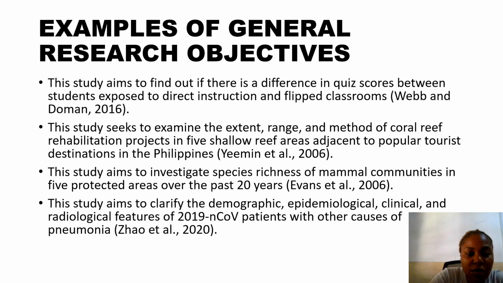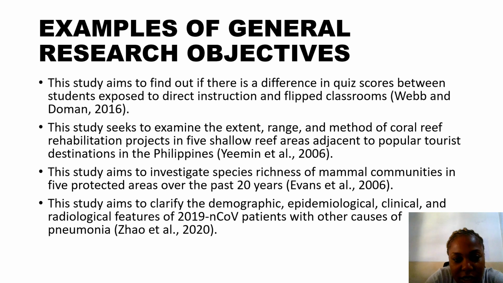Okay, so let's look at examples of general research objectives. These are just from different studies, so I'm just giving you an example. This study by Doman, Webb and Doman 2016 has a research objective like this: this study aims to find out.